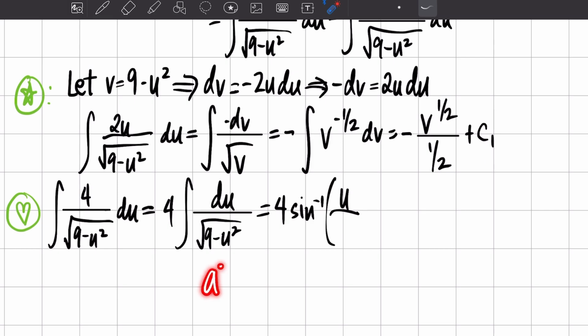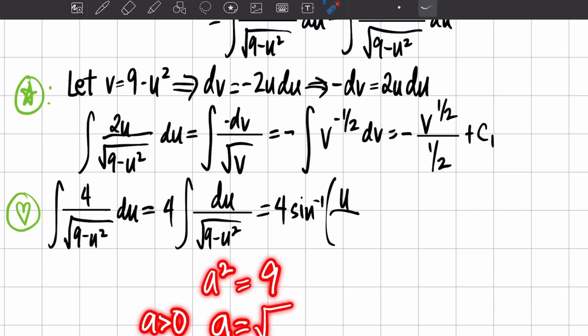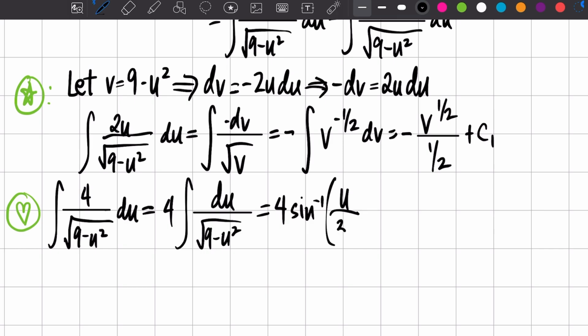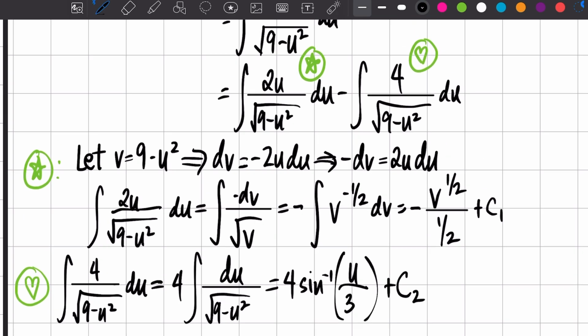So if your a squared is equal to 9 and a is greater than 0, then that means a equals square root of 9, which is equal to 3. So you have u over 3 here plus some constant, say c2.